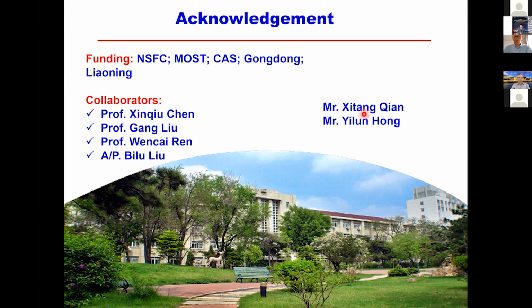This one is for the proton conductivity, the Science paper. This one is for the new three-element compound, molybdenum silicon nitride, our Science paper by this student.